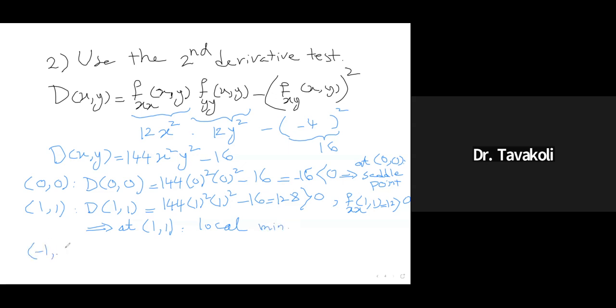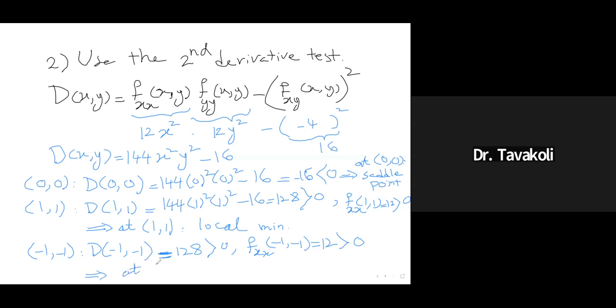At minus 1, minus 1, we have a very similar situation, and D of minus 1, minus 1, I'm sure you can do it on your own, is again 128. And the second derivative with respect to x at minus 1, minus 1 is again 12, positive. So both D and the second derivative purely with respect to x are positive.